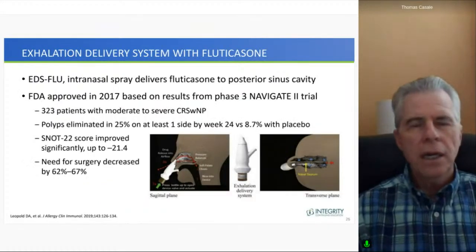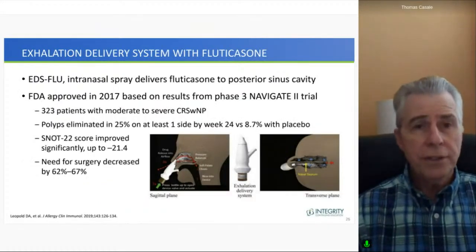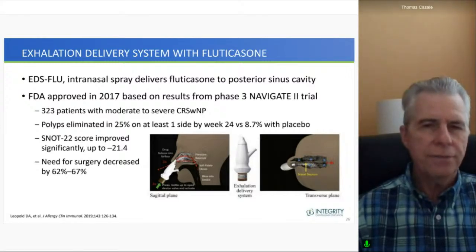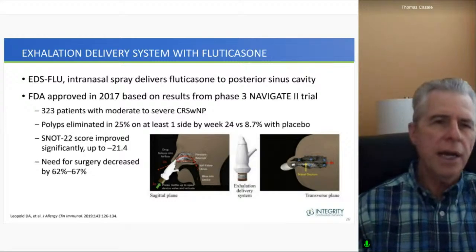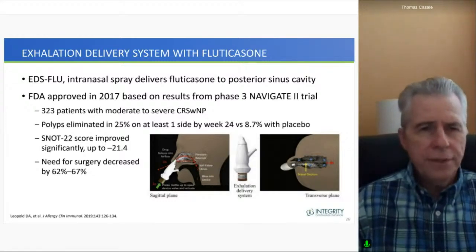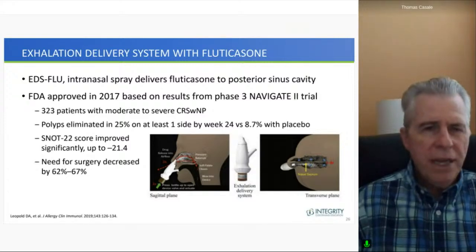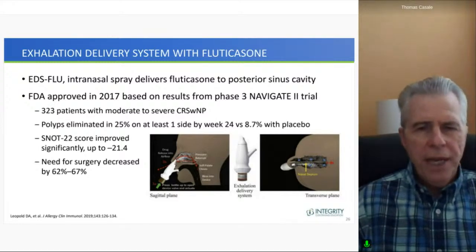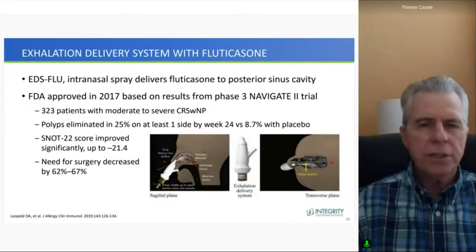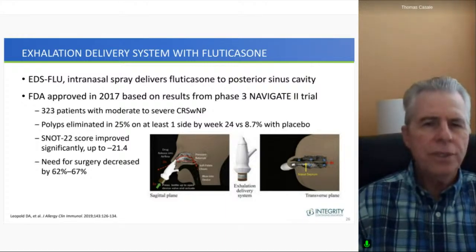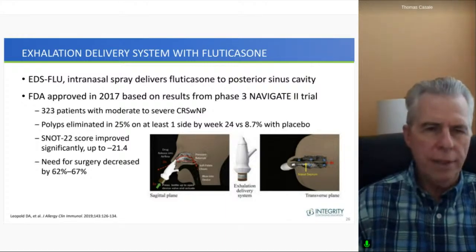Well, you could use an exhalation delivery system with fluticasone. This is the EDS flu that was on the other slide. This is approved as of 2017. And basically what it does is that the patients have a much greater intake of the corticosteroid into the target area that you want.